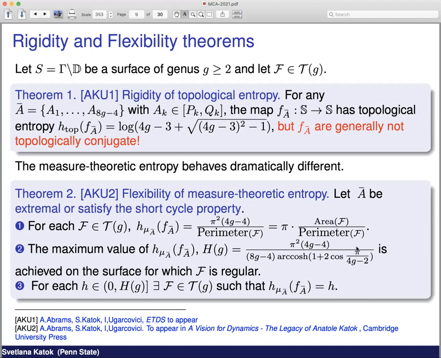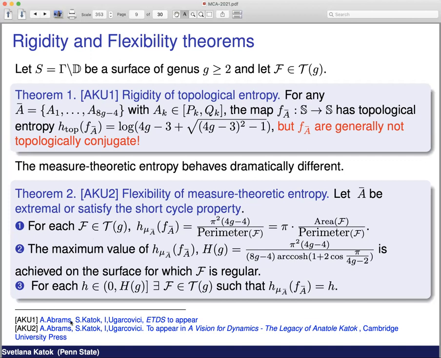This is a formula for it. It's achieved on the surface for which F is regular. That's something you probably would guess. And the third part is that for any h between 0 and the maximum, there exists a point in the Teichmüller space, or this polygon F, for which the entropy is equal to exactly h.